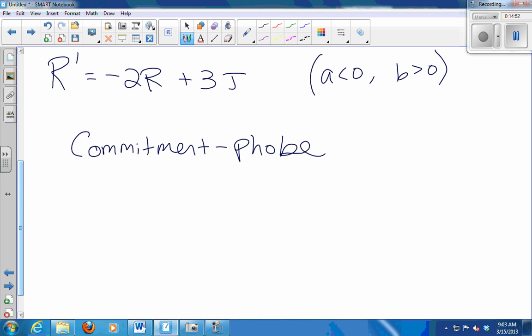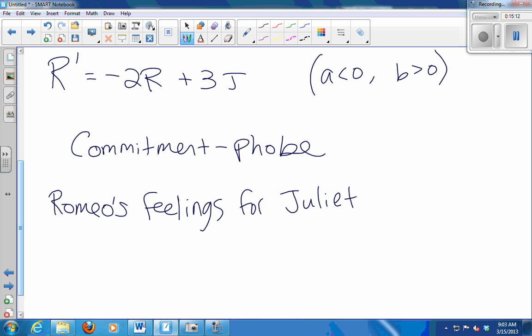So Romeo's feelings for Juliet naturally decline, right? If his love were only based on his own love for Juliet, this would be an exponential decay, right?